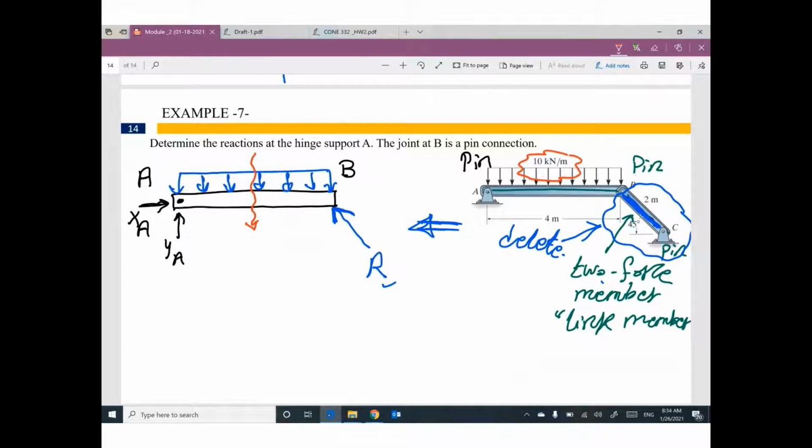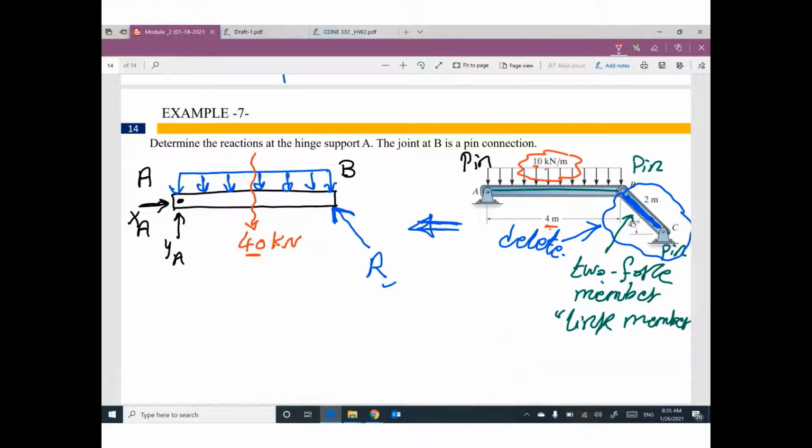The distributed load value is 10 kilonewton per meter. The total length is 4 meters. So the equivalent will be 4 times 10, 40. Not accepted for any student in this course who can put this value wrong. The value of the distributed load times the total length gives you the equivalent.